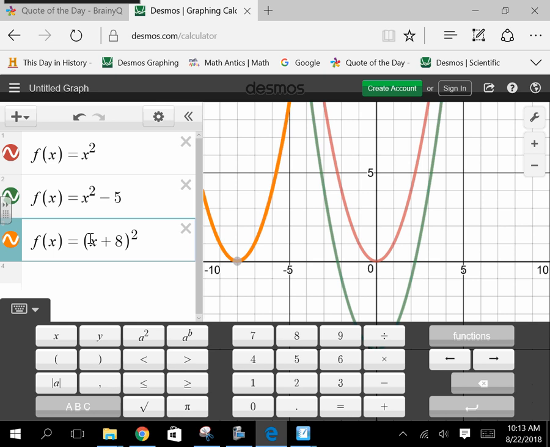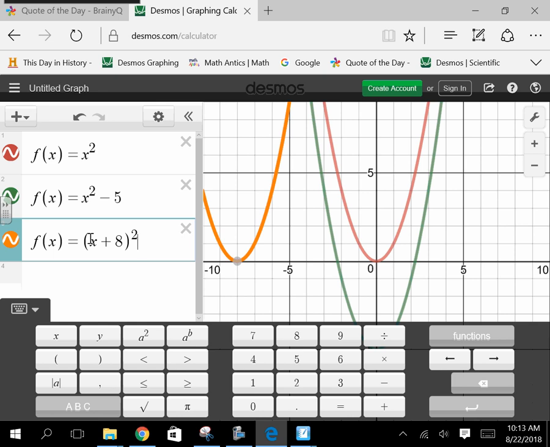So what I did, here's a parent in red, and now in orange, I translated 8 units to the left. I put plus 8 in parentheses squared, and I moved it to the left. The green one, I moved it down 5 units.